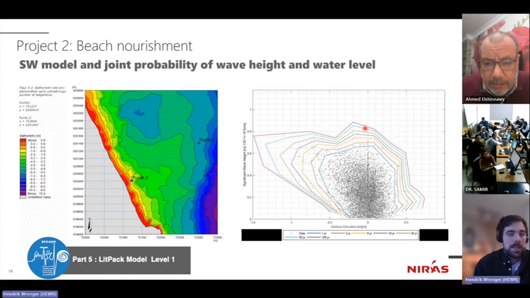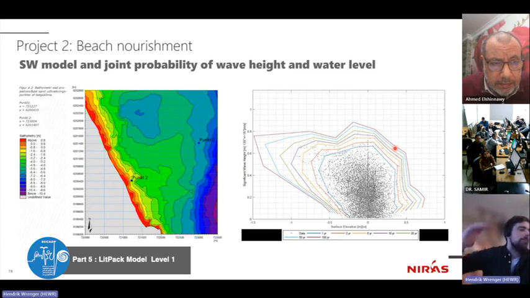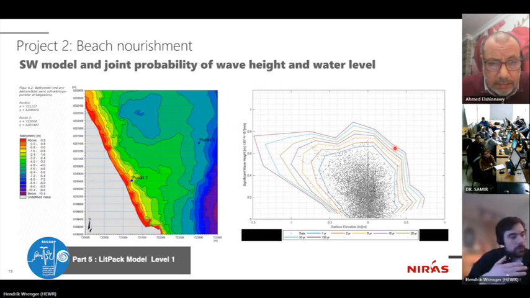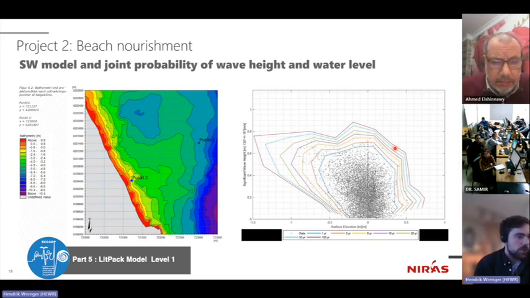It might be less severe than a slightly smaller wave height, but with a larger water level, because your transformation of waves in the shallow water can go much further up the beach and possibly even erode your dune.